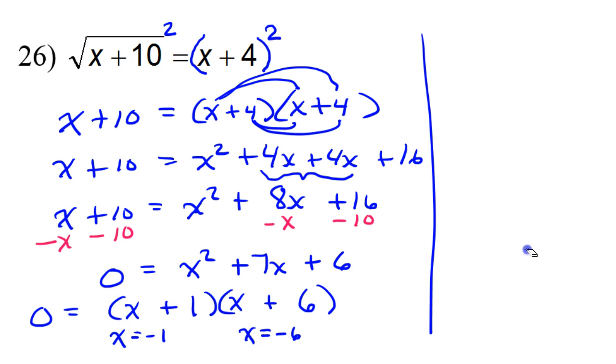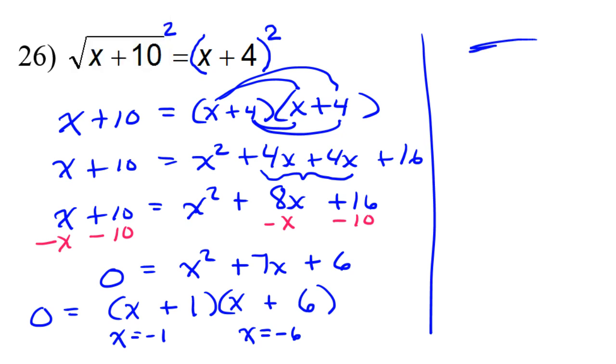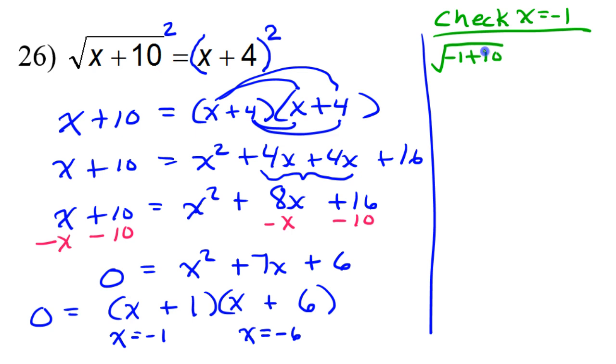the answers. Very often when you have two solutions, one of them doesn't actually work. Alright, you should always check a square root problem to be sure. So if I put in -1, then, alright, so this is my check of x equals -1. If I put in -1, then that's -1 plus 10, and that's supposed to equal -1 plus 4.